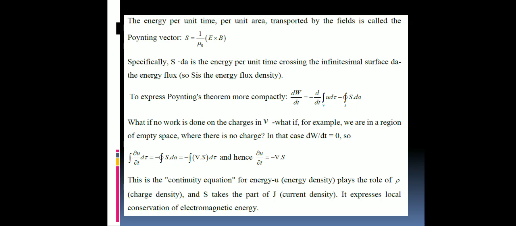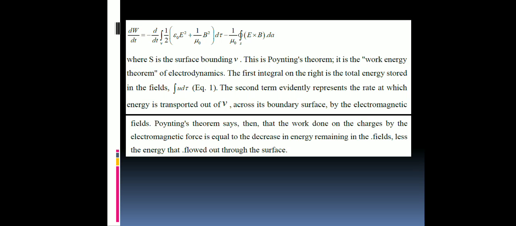So, Poynting's theorem says that the work done on the charges by the electromagnetic forces is equal to the decrease in energy remaining in the fields, less the energy that flowed out through the surface.